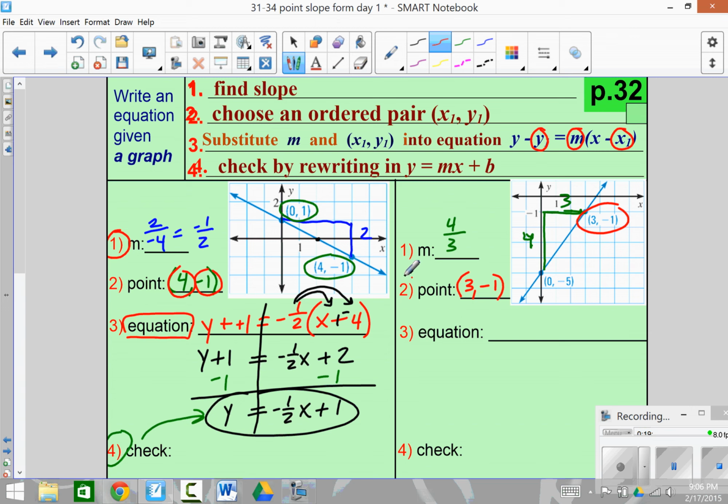This problem could vary from person to person, depending on what ordered pair you choose, which means this piece is also going to vary.